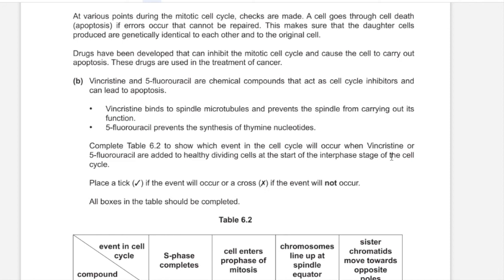Vincristine and 5-fluorouracil are chemical compounds that act as cell cycle inhibitors and can lead to apoptosis. Vincristine binds to spindle microtubules and prevents the spindle from carrying out its function. 5-fluorouracil prevents the synthesis of thymine nucleotides.